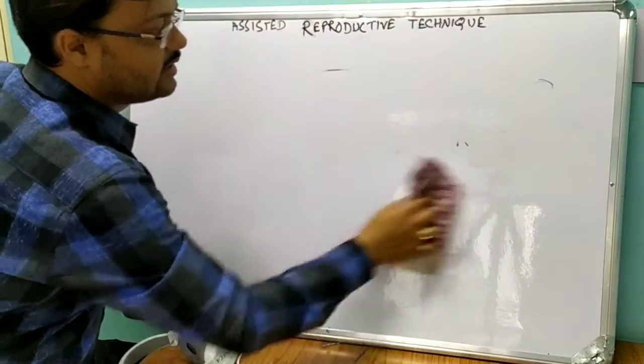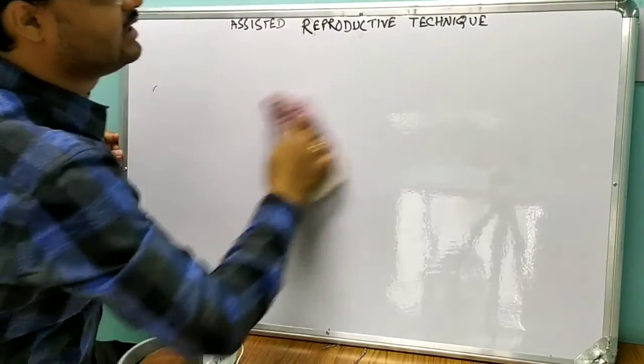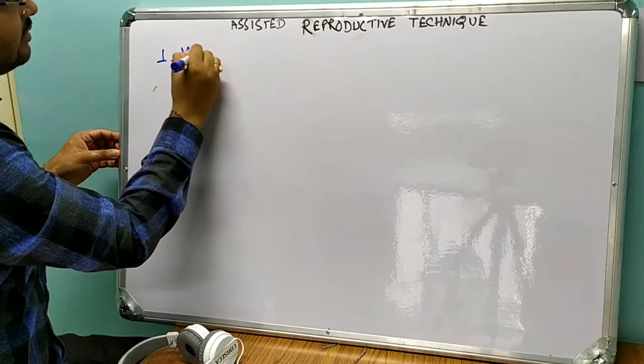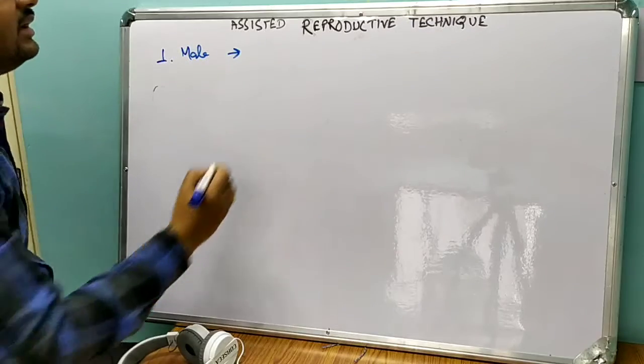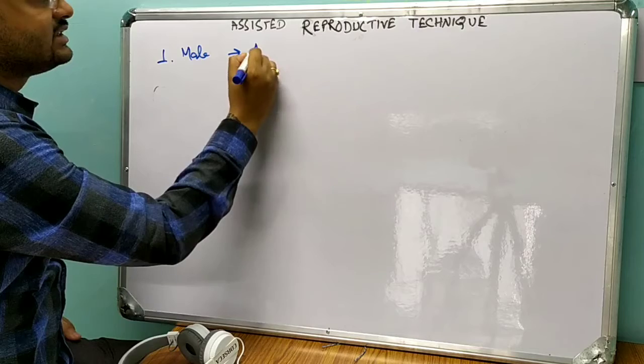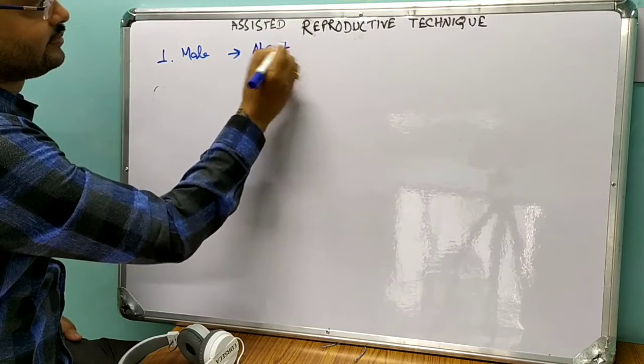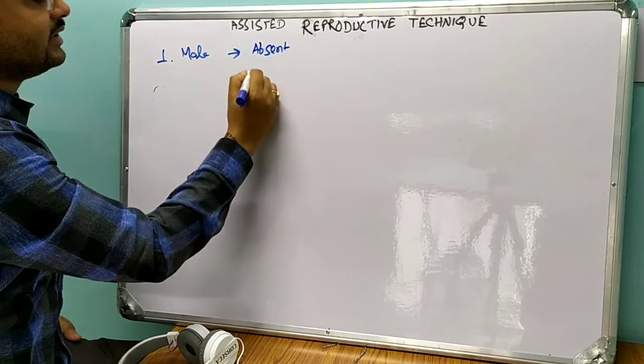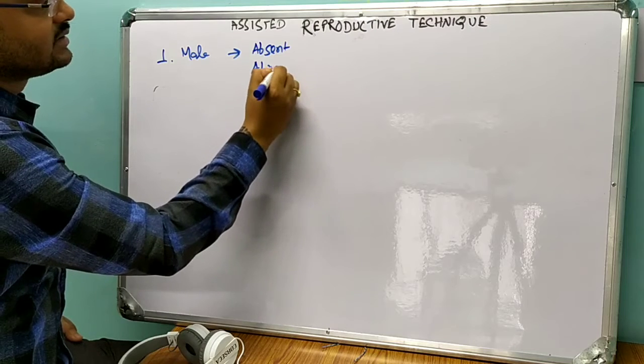Now if we summarize infertility, number one, male issues. What might be there? Number one, genetically absent sperm. Number two, there might be abnormal sperms.